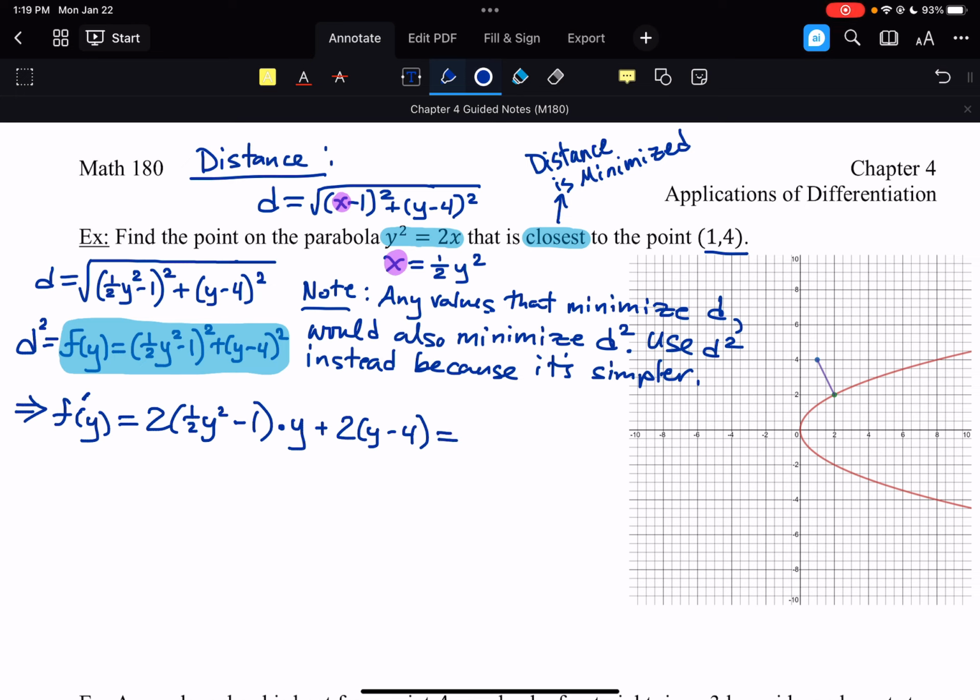So let's see what we get here. This is just y squared minus 2, and then times y, so that's y cubed minus 2y, plus 2y minus 8. So we have y cubed minus 8, and we're going to set that equal to 0.